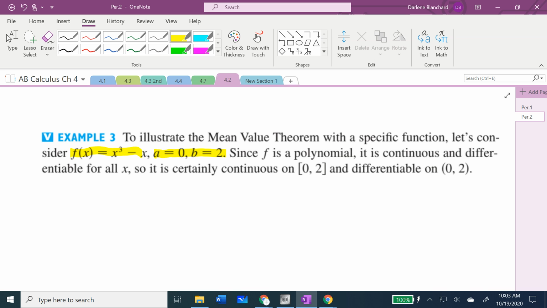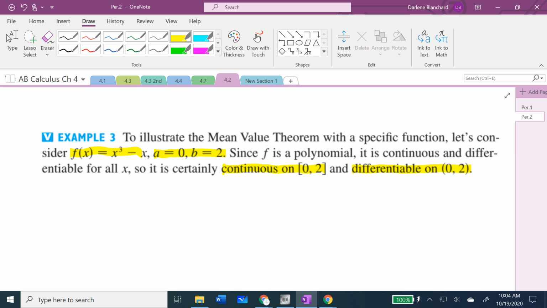When you are working a mean value theorem problem, it is important for you to state that you are dealing with continuous and differentiable. So again, if you have to explain on a free response mean value theorem, which happens a lot, you need to make sure that you clarify you're dealing with a function continuous on the closed interval and differentiable on the open interval.